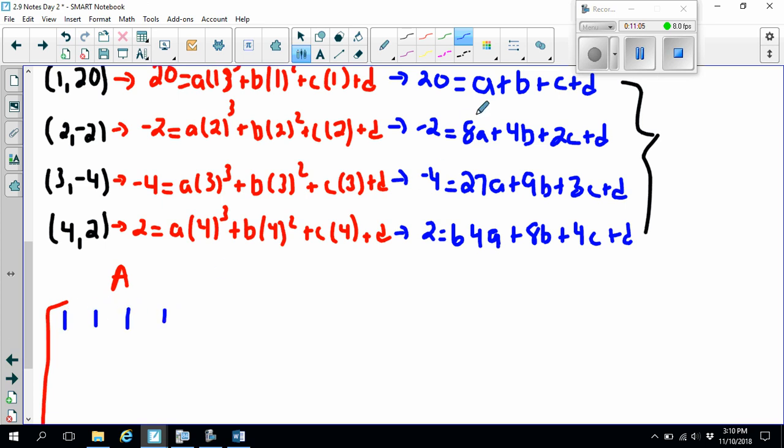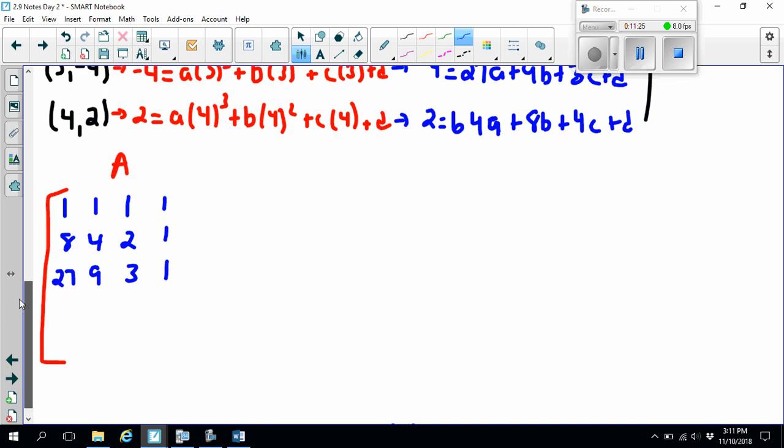Next we have 8, 4, 2, and 1. Then for our third equation, we have 27, 9, 3, and 1. And for our last one, we have 64, 16, 4, and 1.